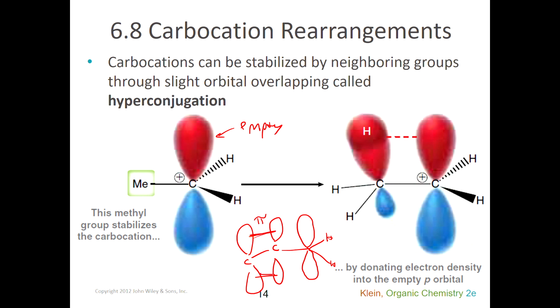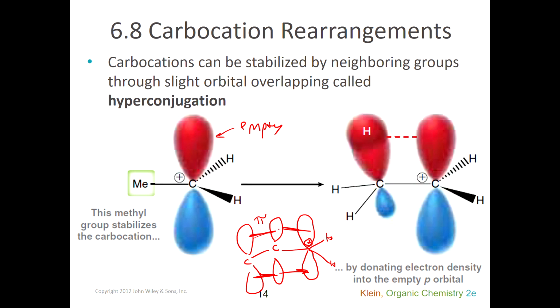Some of the electron density of this pi bond can shift in through the orbital overlap into the empty orbital. So we already talked about that. We talked about how allylic carbocations, or a carbocation that's allylic to a pi bond, is somewhat stabilized through resonance. And that involved the orbital overlap.